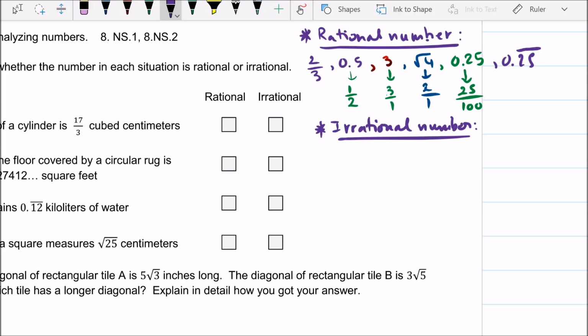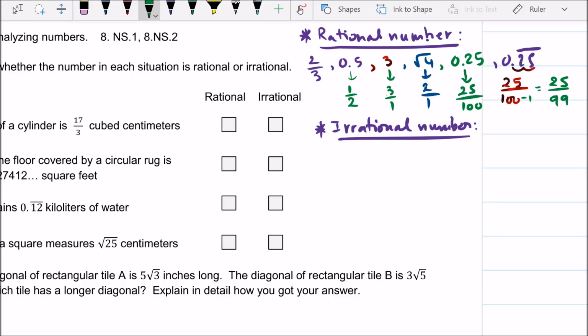With this one, we can also represent it in fraction form by moving the decimal point 2 places, 25/100. Then seeing it repeating, you take away 1. So in fraction form, it's 25/99. So rational numbers can be a decimal number, a whole number, a square root of a perfect square, a terminating decimal, and a repeating decimal number.